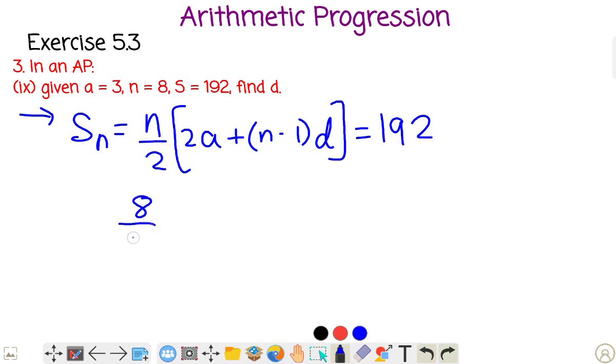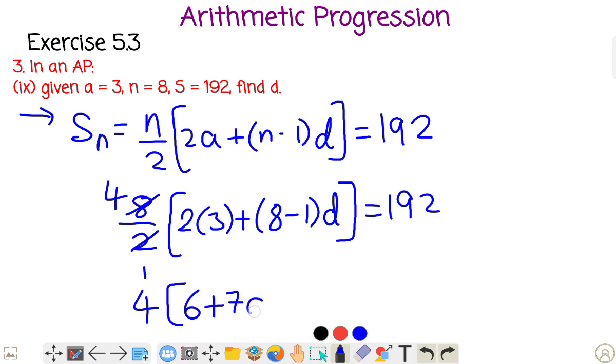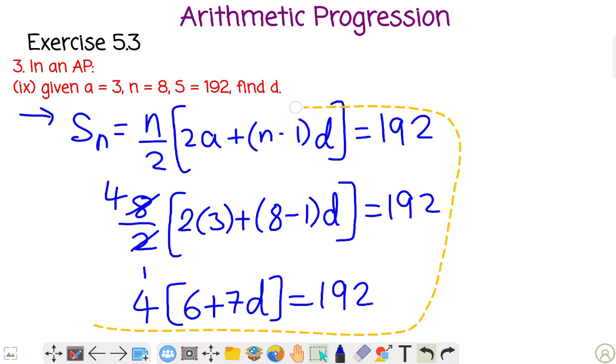So 8 by 2 into 2, a value is 3, plus 8 minus 1 into d value we have to find out, is equal to 192. So 2 ones are 2, 4 twos are 8. So I'll get 4 into 6 plus 7d is equal to 192.